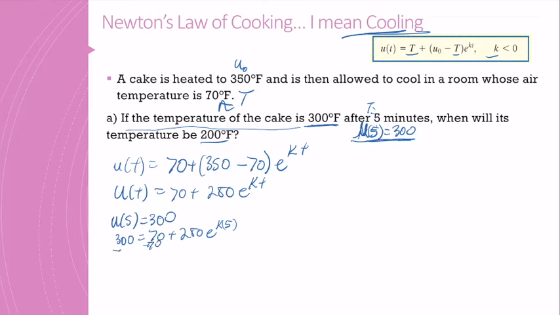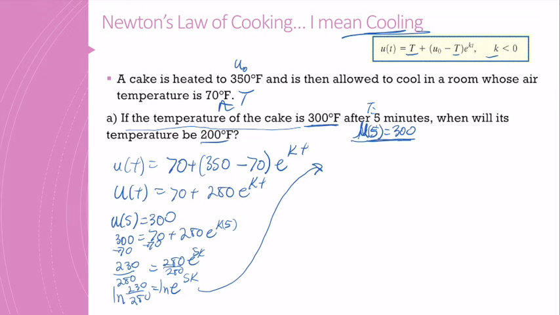So I subtract 70 from both sides, and I get that 230 equals 280 e to the 5k. I divide both sides by 280. That gives me 230 over 280 equals e to the 5k, and I take the natural log of both sides.